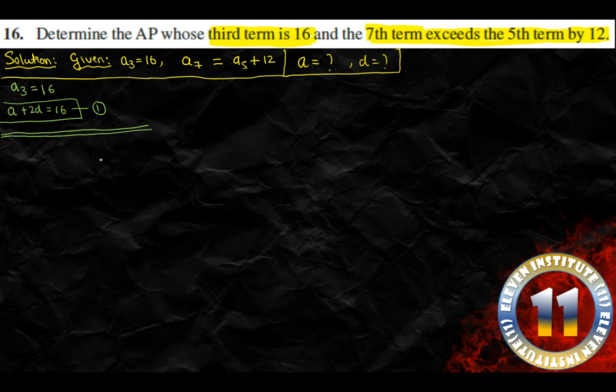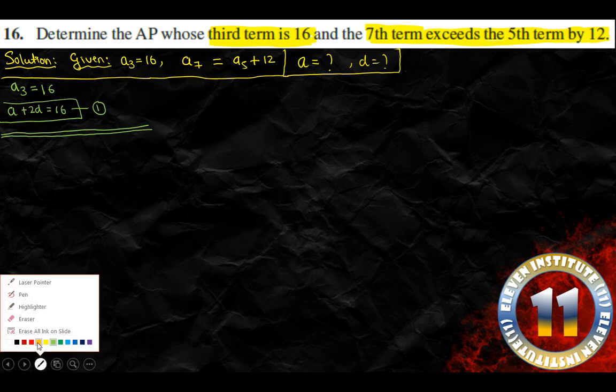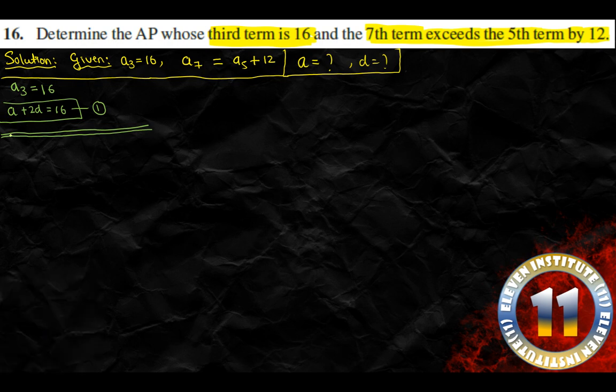Now we will take this into role over here. So what is written over here is A7 is equal to A5 plus 12.